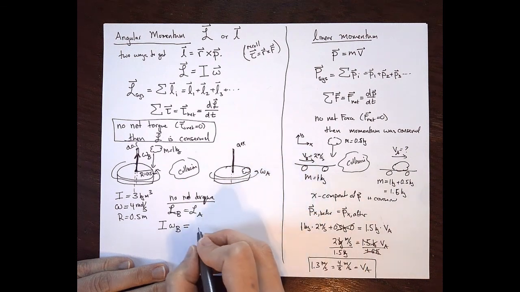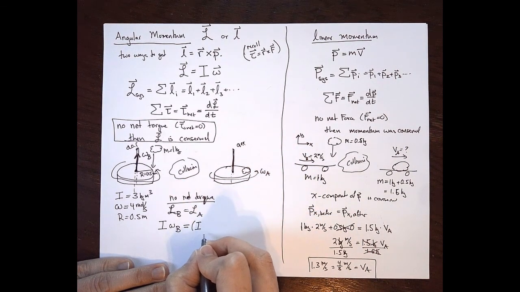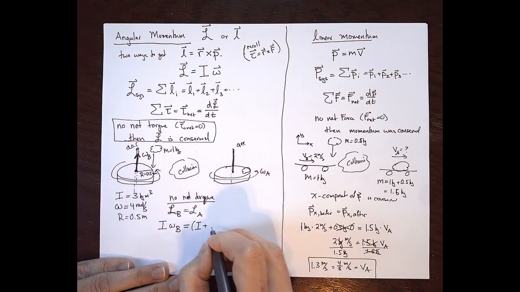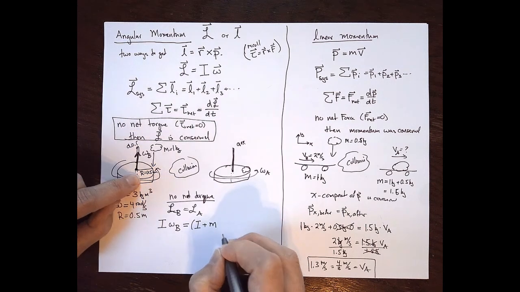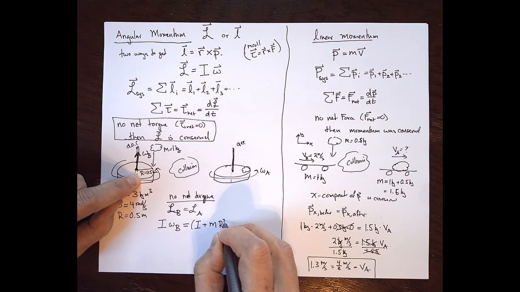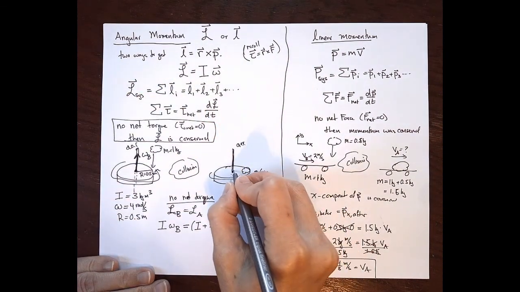And then after the collision, well, we have a new moment of inertia. It'll be the disk that we're using, plus the mass that we dropped times the square of where it is, and we can pretend it's a point mass because it's all sort of squished in right here.